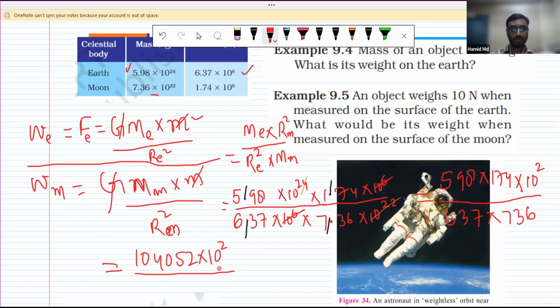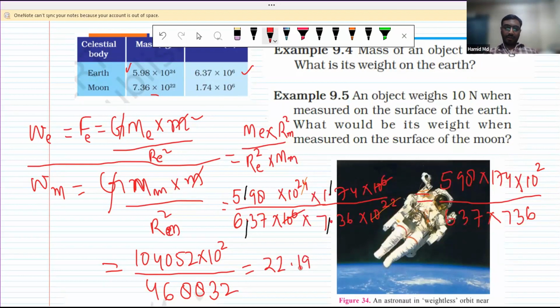So it is almost 4, 6, 8, 8, 3, 2, right? Now I'm dividing all together. 10, 0, 4, 0, 5, 2, 0, 0 divided by 4, 6, 8, 8 is almost 22.19.